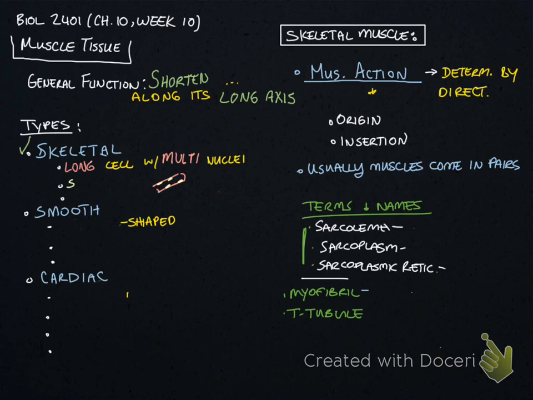It is striated, meaning if you looked at this muscle tissue underneath a microscope, you could actually see stripes. Okay? And it is also voluntary, meaning we think to make it short. We think to move or contract the skeletal muscle cell.